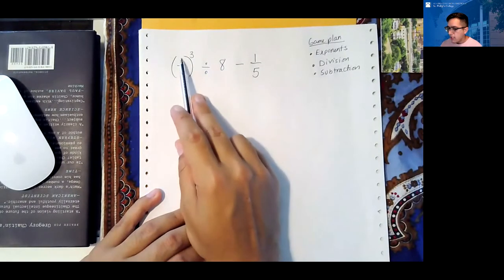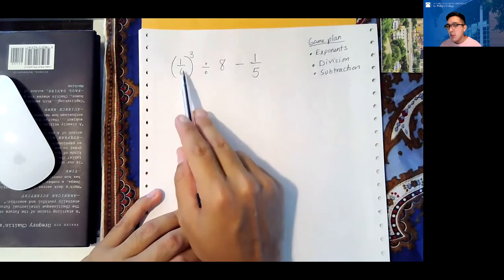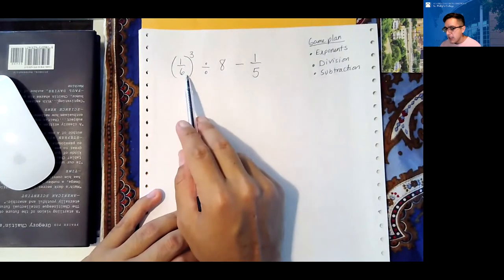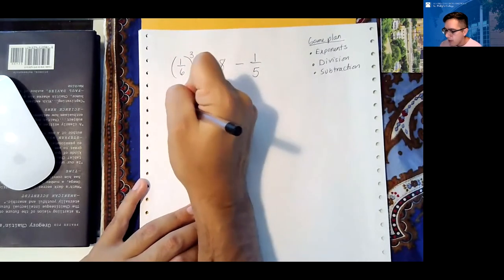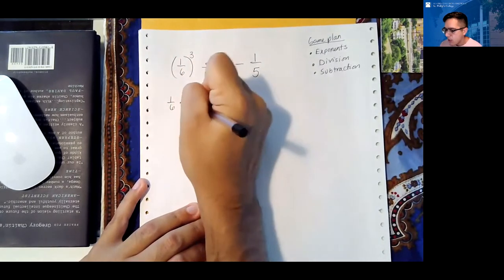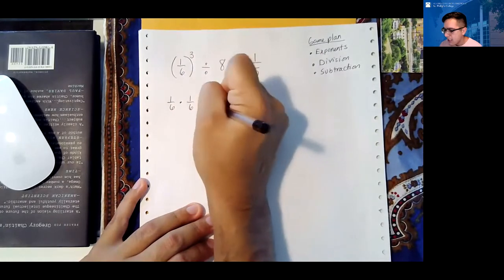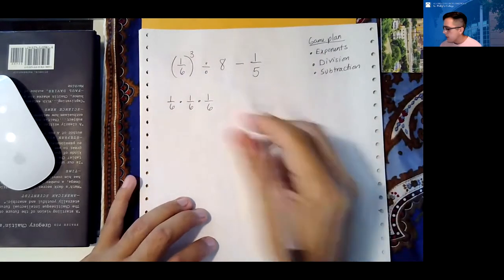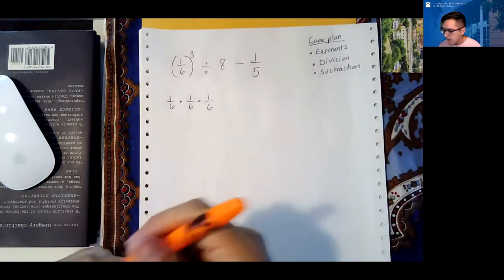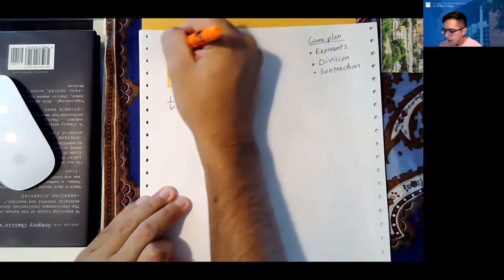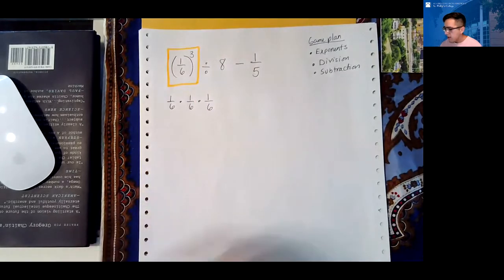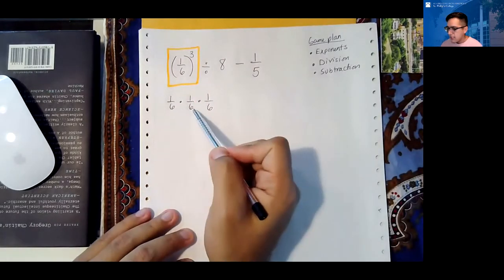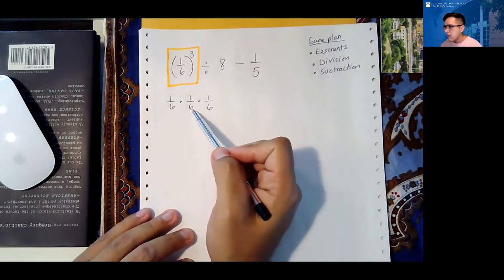Remember, this is 1/6 times 3 copies of itself, or maybe times 2 additional copies of itself. So that's 1/6 times 1/6 times 1/6. We'll take care of that first, right? So this is the first thing we're going to do. And we get this. 6 times 6 is going to be 36 times another 6.